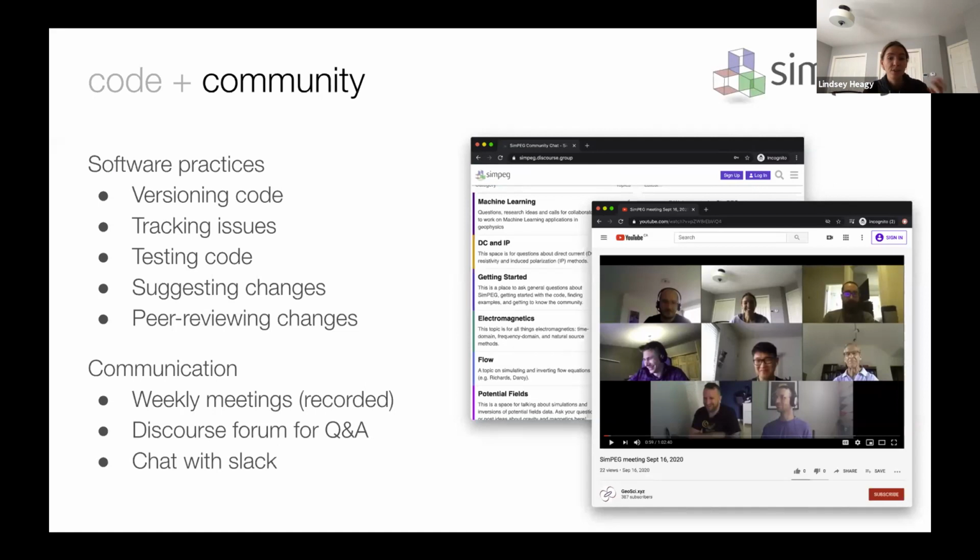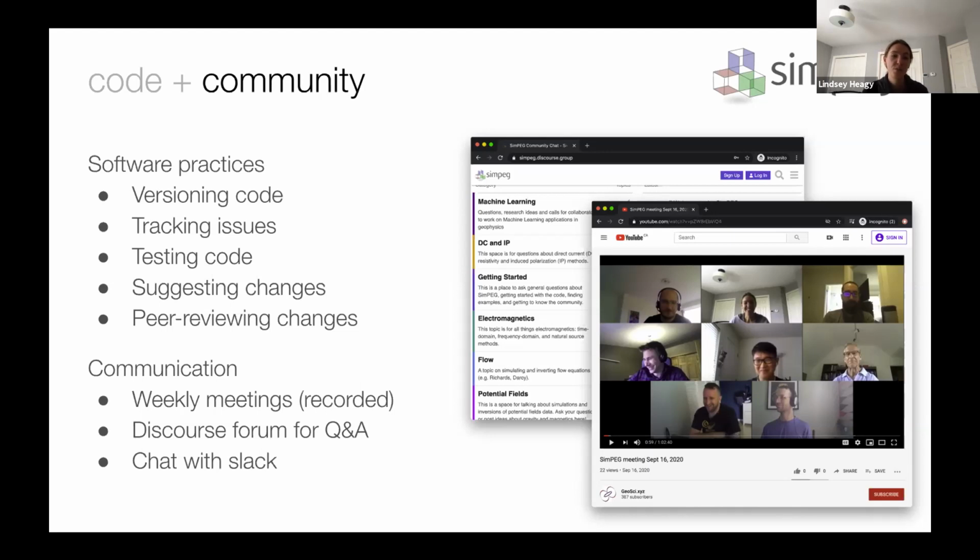So that's talking about how we actually manage the software, but as I've mentioned, it's people who are involved and people who write that software. And so it's equally important to have different mechanisms for communication and for working together. So we've got weekly meetings that we host on Zoom and record and post up on YouTube.